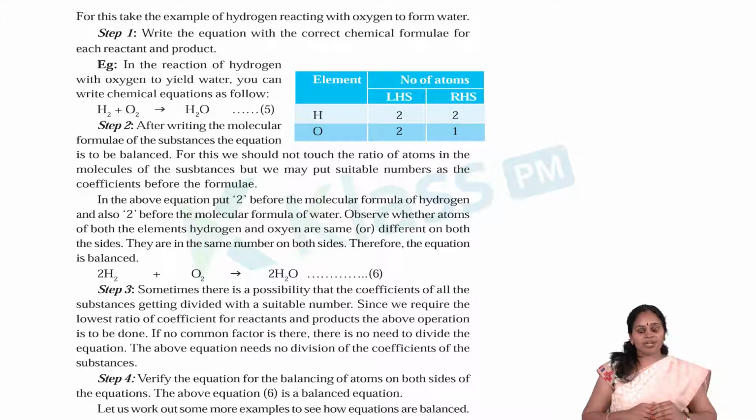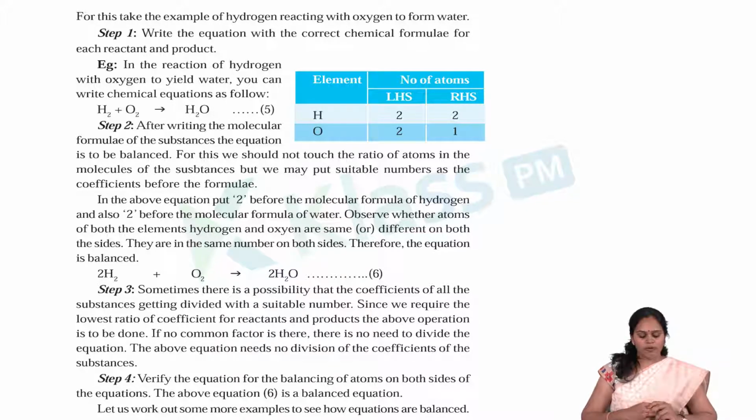If no common factor is there, there is no need to divide the equation. The above equation needs no division because only 2, that is the least prime number, cannot be further simplified. So here in this equation it is not required. Step 3 is required when coefficients are eligible for simplification.